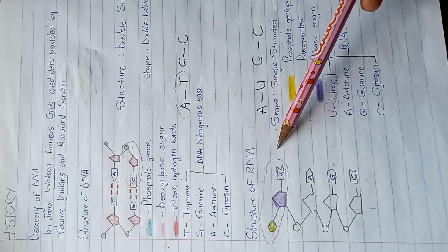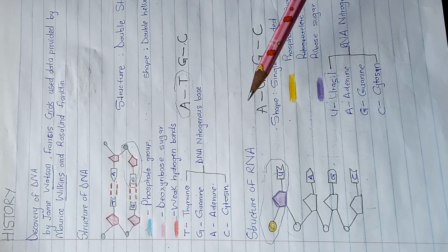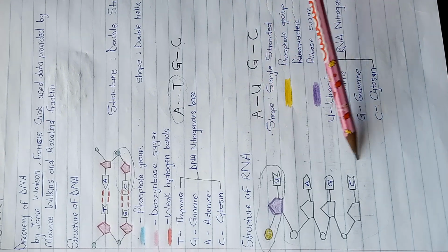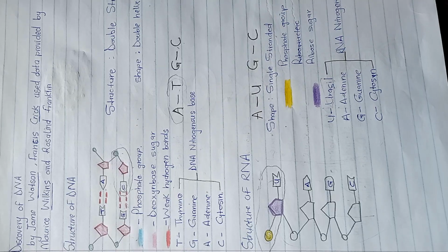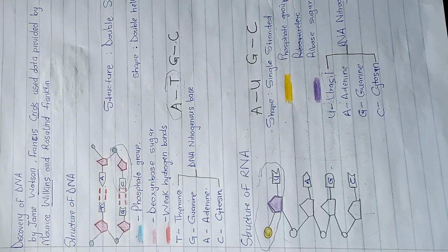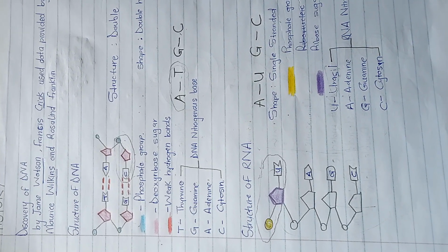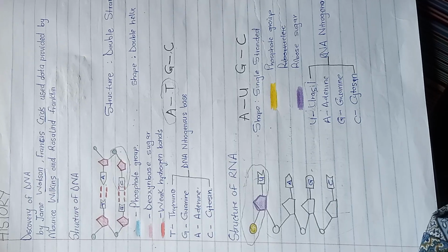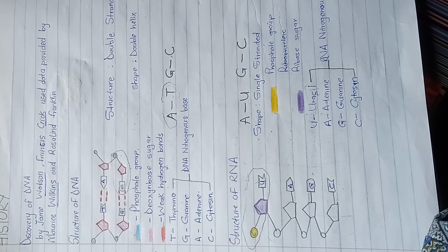Those bonds are not present here, because RNA is single-stranded and has ribose sugar, and its nitrogenous bases are not pairing with each other. You see that? There's no presence of weak hydrogen bonds. And that right there was it for the structure and the history of DNA and the structure of RNA.